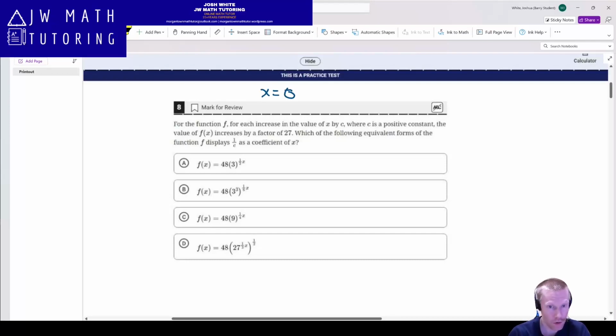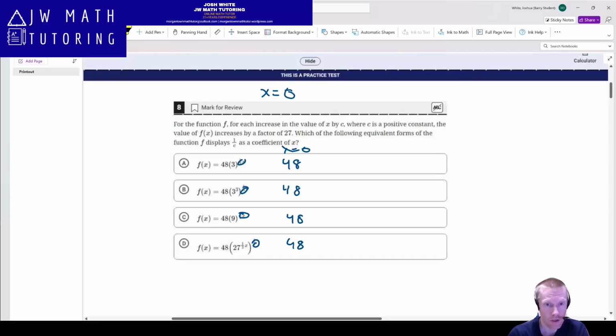Okay, if you plug in 0 for x into all of these equations, all of the exponents are going to go to 0, and then any number raised to the 0 power will turn out to be 1. So all of them when x equals 0 are going to be 48.